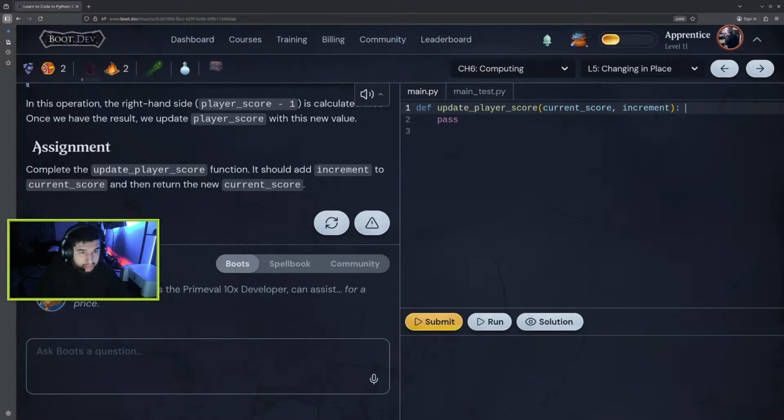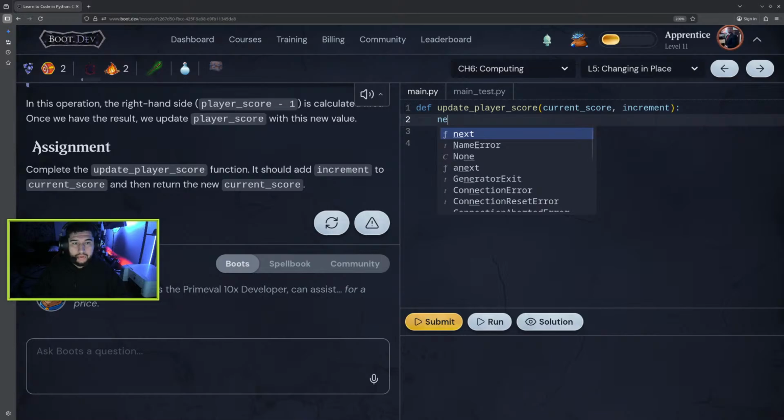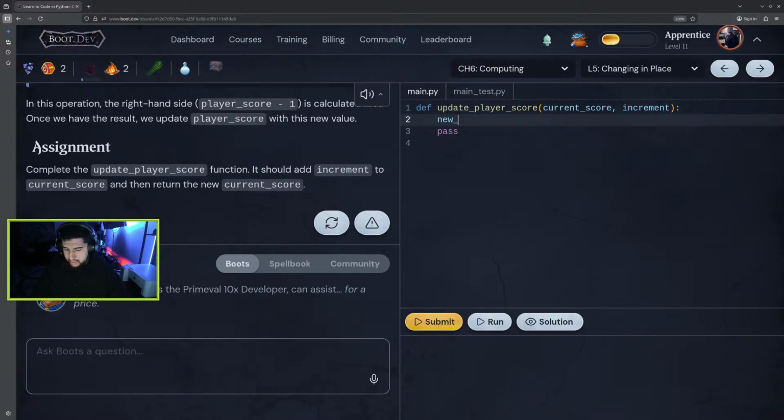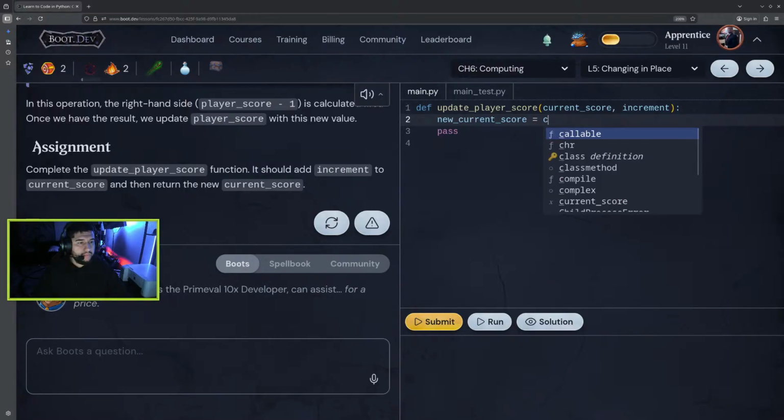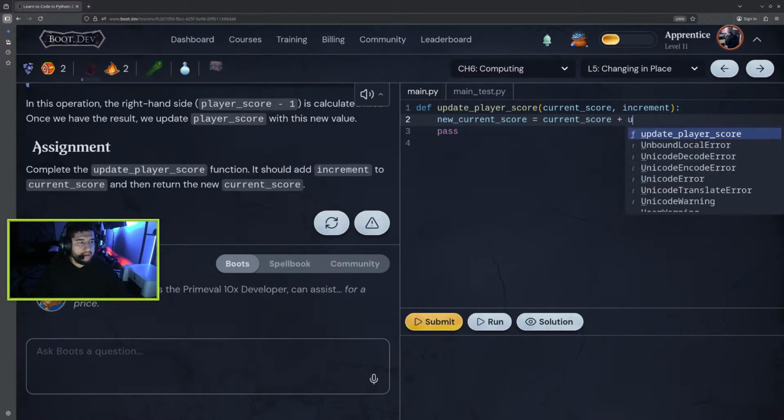So I'm gonna name this new_current_score equals, alright, it says add increment to current score, so I'm gonna put current_score plus increment.